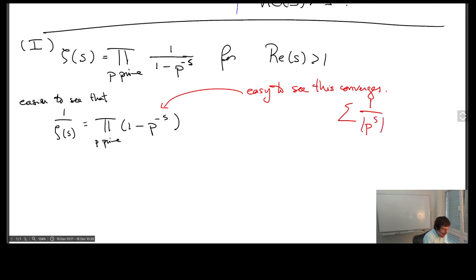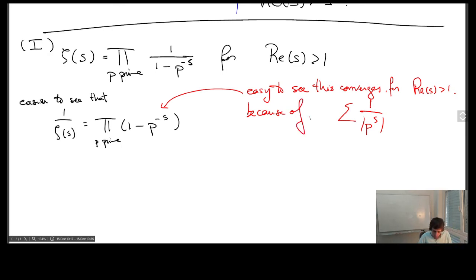And so this product will converge, even absolutely converge, as we called it. So it's easy to see that this converges for the real part of s bigger than 1, exactly by the things we did with the log.